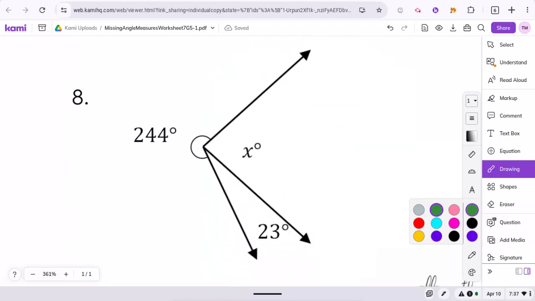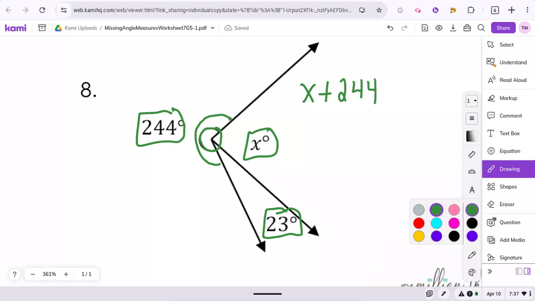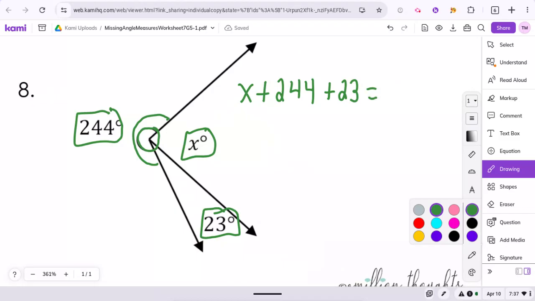And then number 8. So all the way around is 360. It gives you this angle here of 244. It gives you this angle 23, and you're missing this angle. So for this one, x plus 244 plus 23 equals 360. So combine like terms, 244 plus 23.